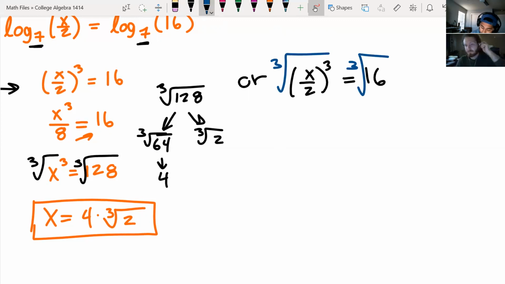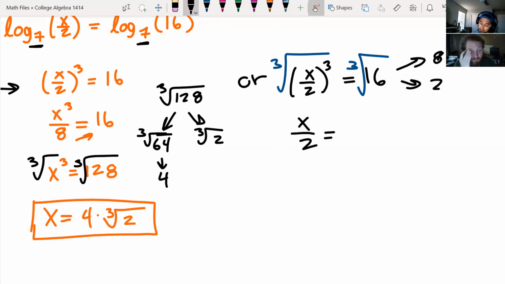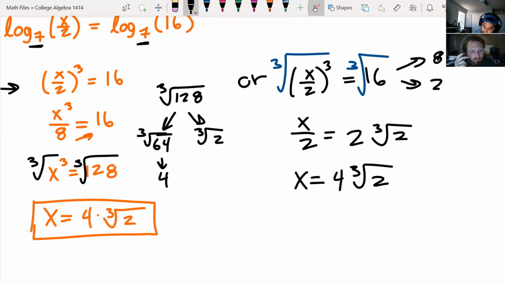That's true. So this would give you x over 2, and the cube root of 16, we know that's 8 and 2. So that would give you 2 cube root of 2. And then you'd get x equals 4 cube root of 2.